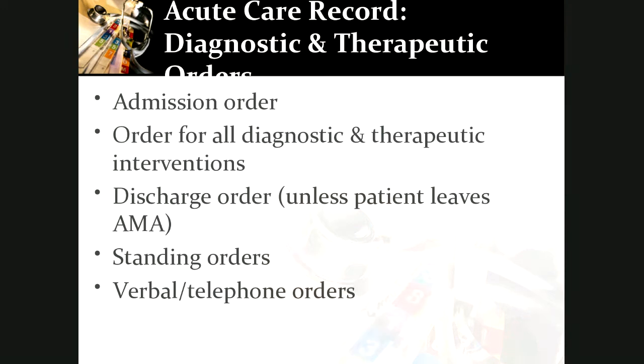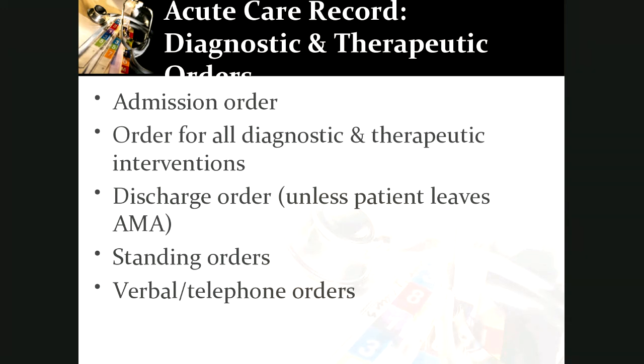Well, if they're considering leaving against medical advice, they stand a chance of their bill not being paid by the insurance or something like that. So, I mean, it's a pretty big deal when a patient leaves AMA, okay? If they're not leaving AMA, then there must be a discharge order written for that patient.